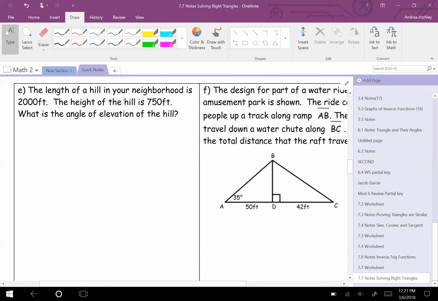Okay, the length of a hill in your neighborhood is 2,000 feet. The height of the hill is 750 feet. What is the angle of elevation of the hill? Okay, so we're going to just draw a hill. It's a beautiful hill. They're saying the height.